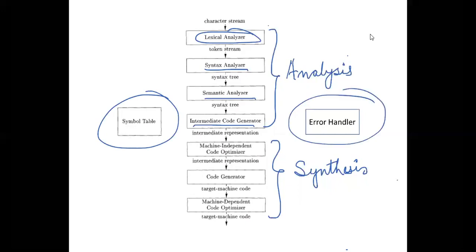The error handler is responsible for handling whatever errors occur during all these different phases. So if there is any error in the lexical analyzer phase, it will be handled by the error handler. Similarly for the syntax analyzer, similarly for machine dependent code, all of these are handled by the error handler.